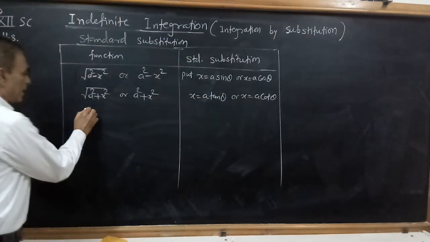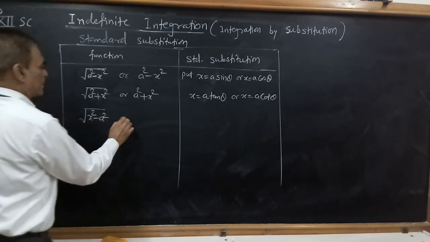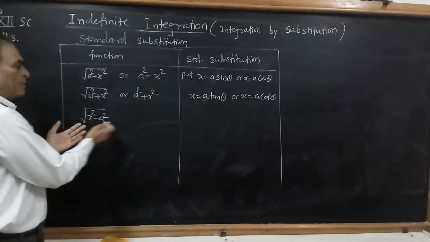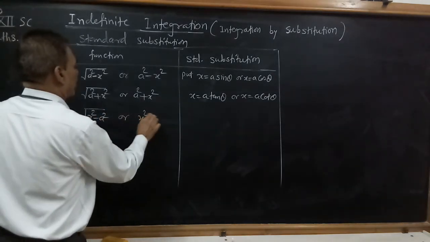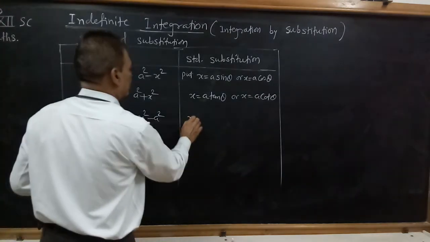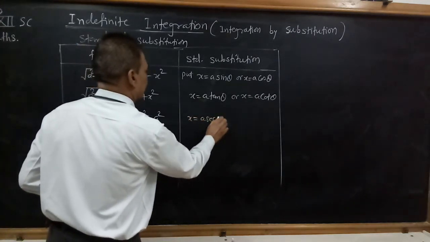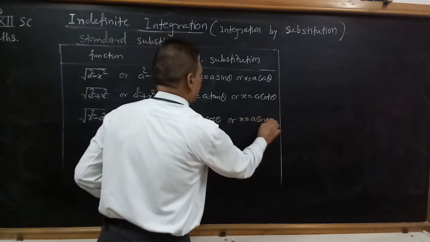Okay. If under root of x square minus a square, with square root or without square root, numerator or denominator, anywhere use the substitution x is equal to a sec theta or x is equal to a cosec theta.